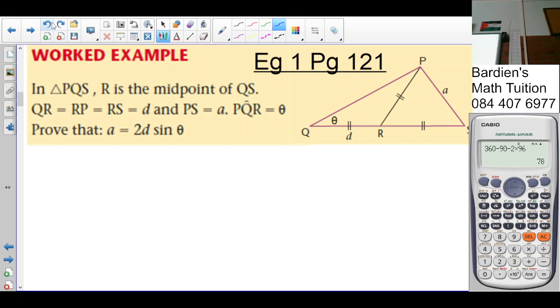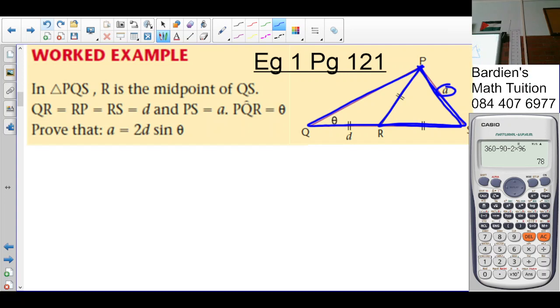So how are we going to do that? There's one of 2 ways that we can do this. We can always start off with what is the subject of the formula. It makes it a bit easier. If we're looking at a, there's a triangle that a would form.